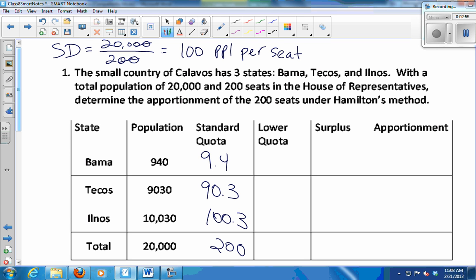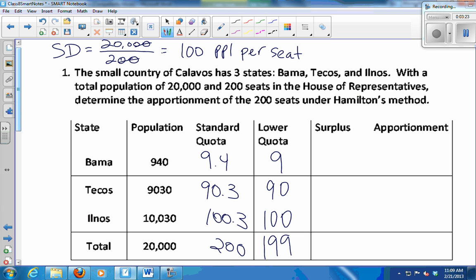But you can't give out a part of a seat. So Hamilton's method proposes the solution of giving everyone their lower quota, which would be rounding all of these down. So I would give Bama 9, Tecos 90, and Illinois 100. And when I add those up, how many seats is that? 199. Good. Okay, so I have 1 left over.